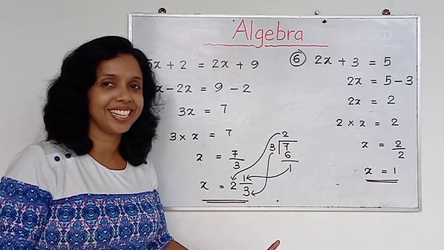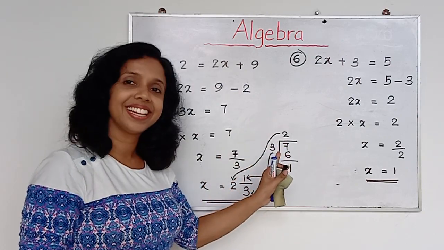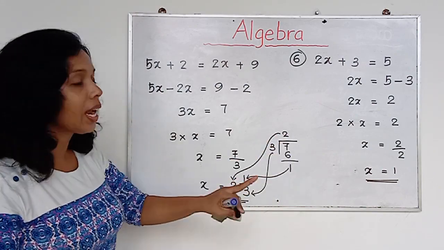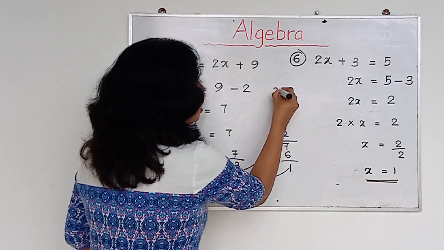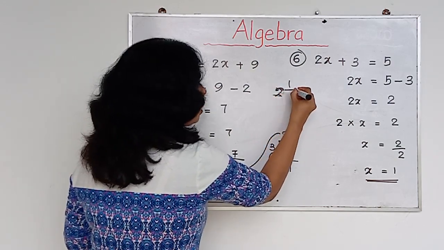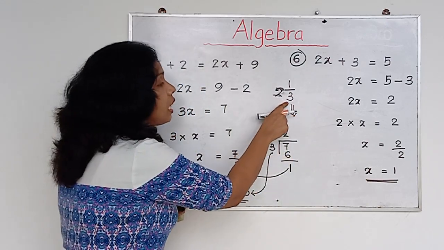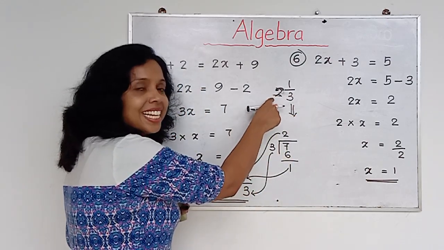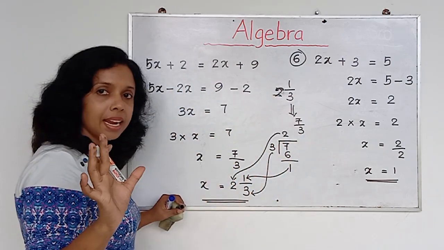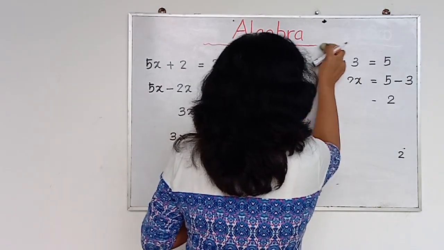So the mixed number is 2, 1 over 3. Then how can I convert this into an improper fraction? 3 times 2 is 6, 6 plus 1 is 7, so 7 over 3. Right? Okay, then let's move to the next example.